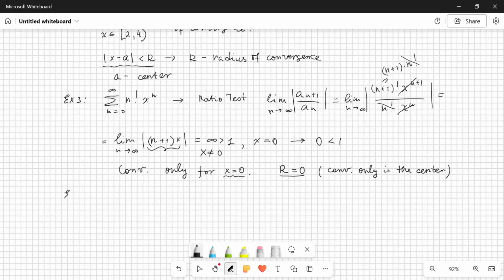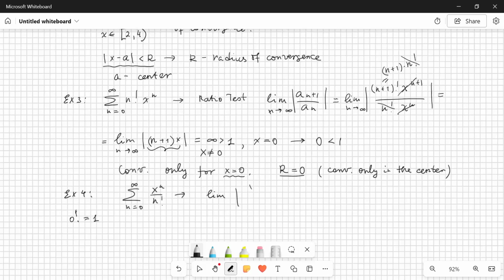In my last example, the power series is x^n divided by n!, n from 0 to infinity. Here, guys, I can place n equals 0, because you probably remember that 0! equals 1. Okay, let's check the ratio test.